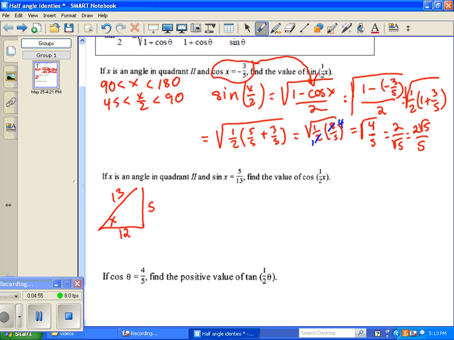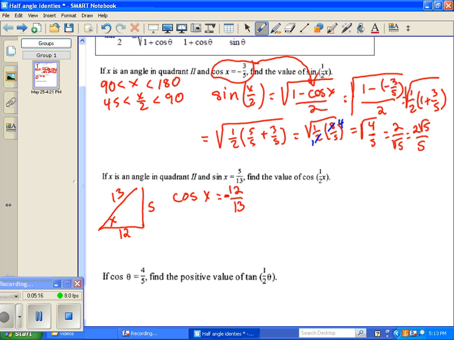So now I can figure out what the cosine is. So cosine of x is adjacent over hypotenuse. Now we are in the second quadrant, so cosine is going to be negative. So don't forget to do that.